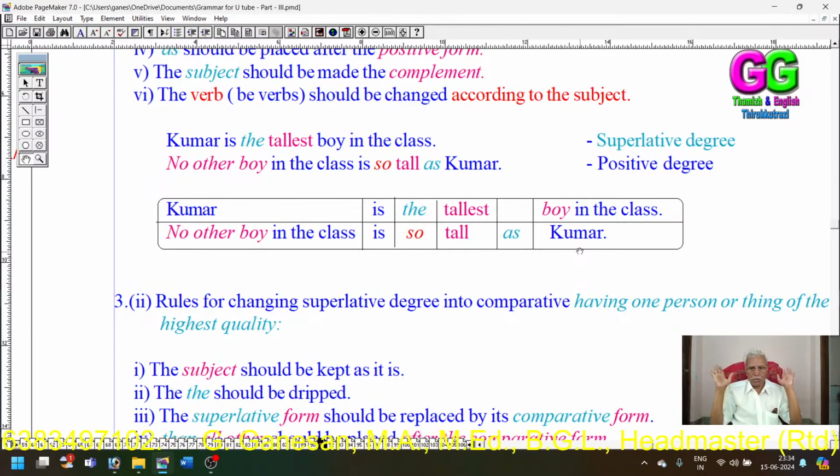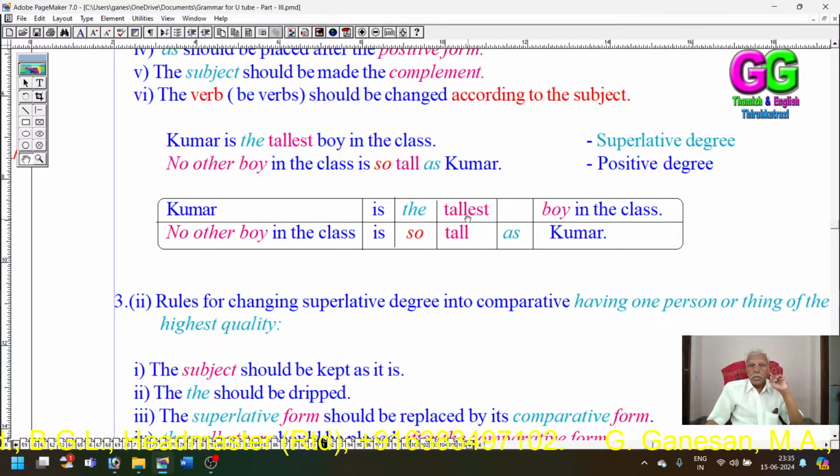These are the six rules. First, in the complement before the singular noun, no other should be added, and the whole group of words should be made the subject. Boy in the class, no other boy in the class, subject. No change in the verb because both the subjects are singular. Thirdly, the superlative scale has been replaced by the positive scale.